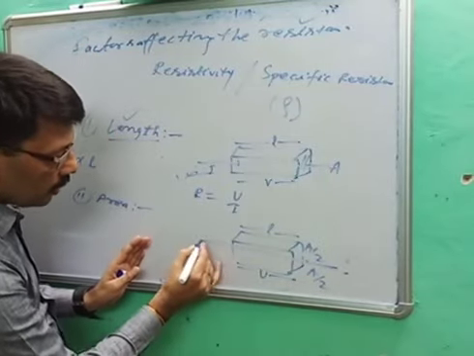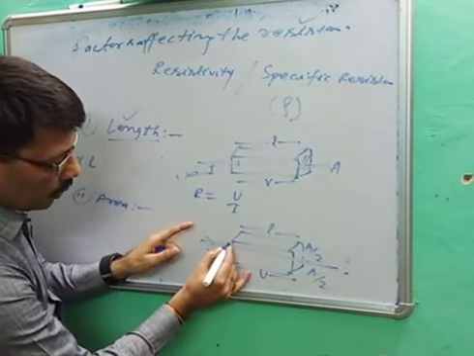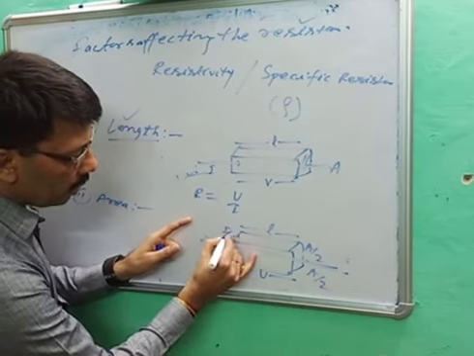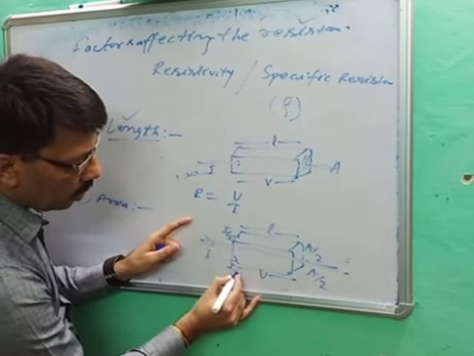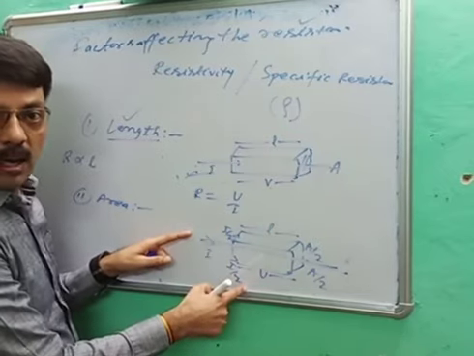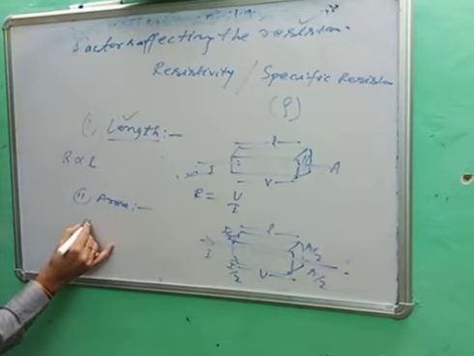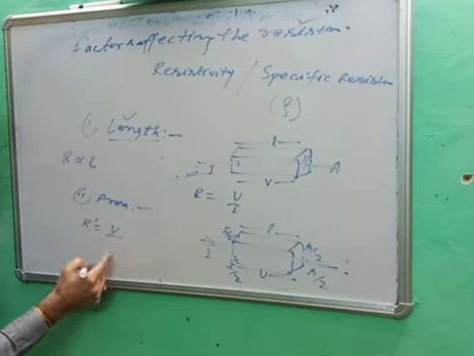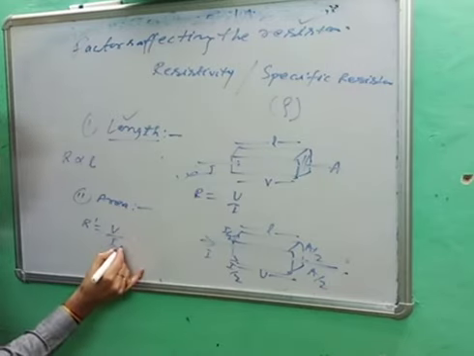The voltage is the same V, because we have not increased the length, we have increased the area on the parallel side. Then the current becomes half: the current going through this one becomes I by 2. I is divided into equal parts, I by 2 and I by 2. So resistance R dash is equal to V upon I, where I becomes I by 2.